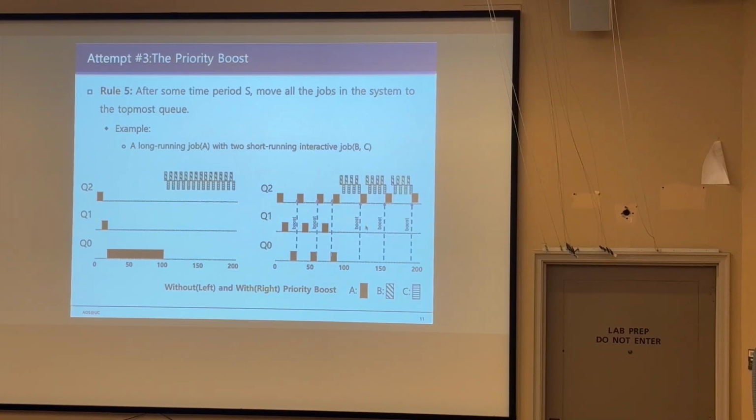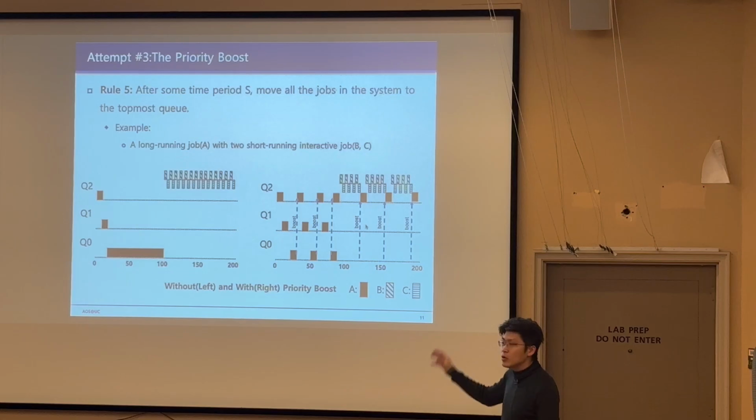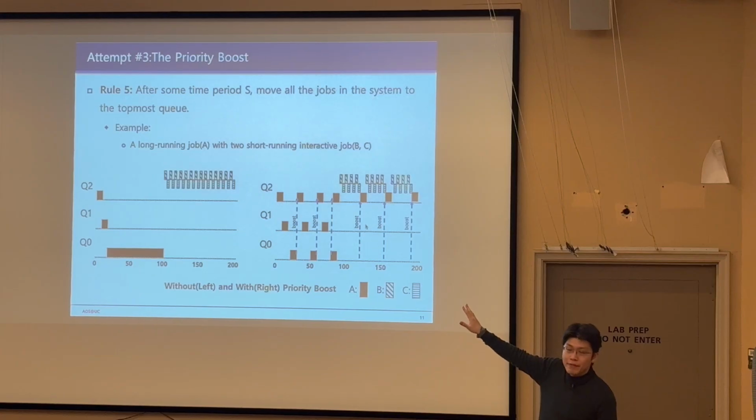I'll again give you 30 seconds to look at it and try to understand it. If someone wants to explain it, that would be great. If not, I'll just go ahead and explain it. Think about how scheduling happens like this. The left side is without rule 5. The right side is with rule 5.